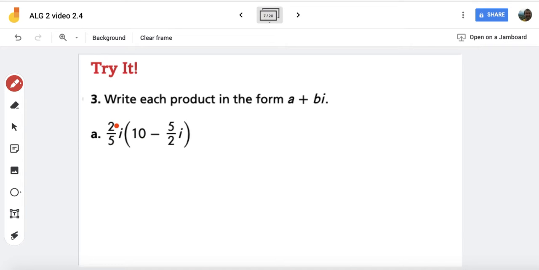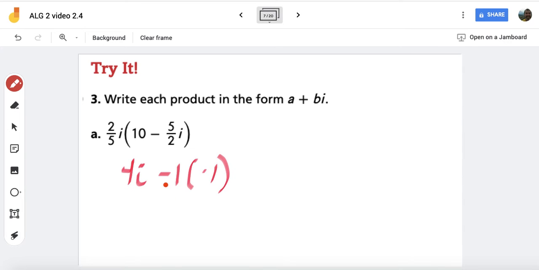2/5 times 10. 2 times 10 is 20. 20 divided by 5 is 4i. And then 2 times 5 is 10, and 5 times 2 is 10. So here I have 10 over 10, which is just 1. So minus 1. But I have the i times the i, and that i times i is i squared, and i squared equals negative 1.